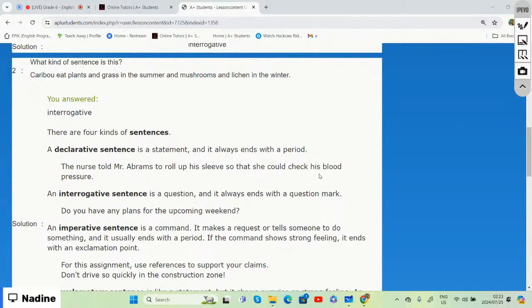So a caribou is like a reindeer, another word for a reindeer. So a caribou eats plants and grass in the summer, and mushrooms and lichen in the winter.